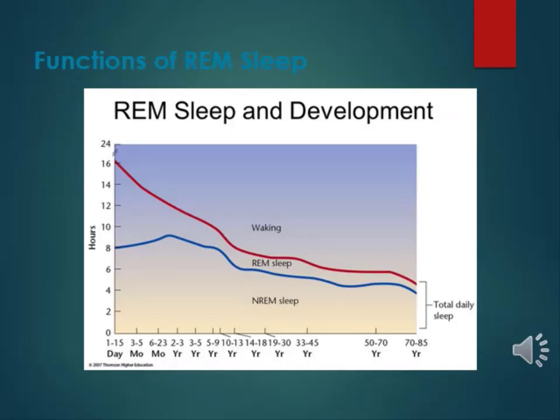So, although the functions of REM sleep are thought to persist throughout the lifespan, it is definitely the case that younger individuals experience more REM sleep than older individuals. In fact, the level of REM sleep declines significantly from infancy and childhood to later life.